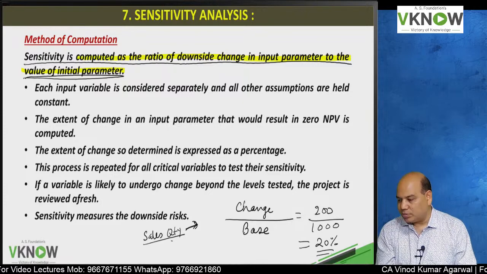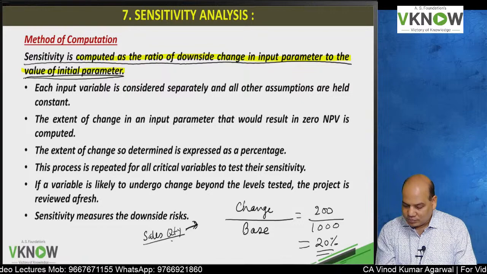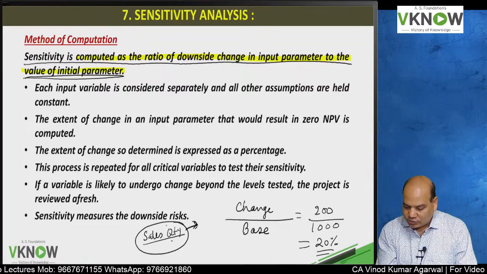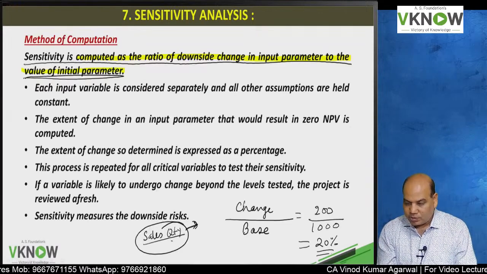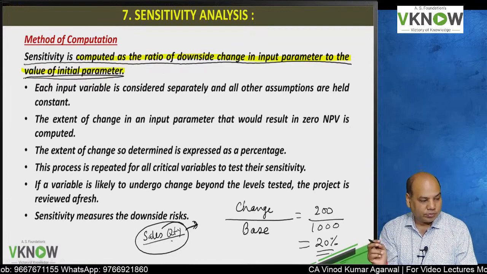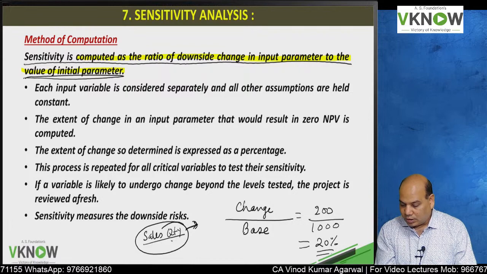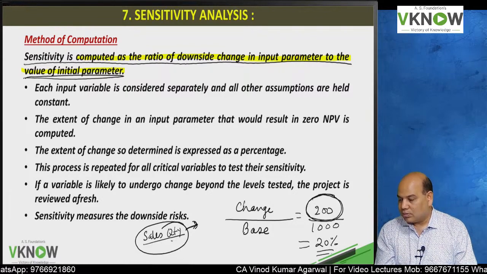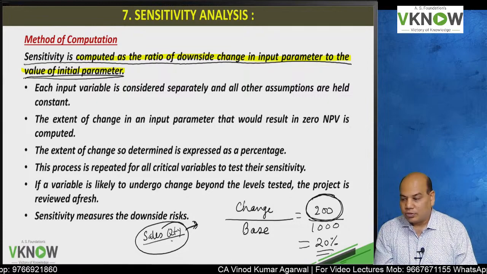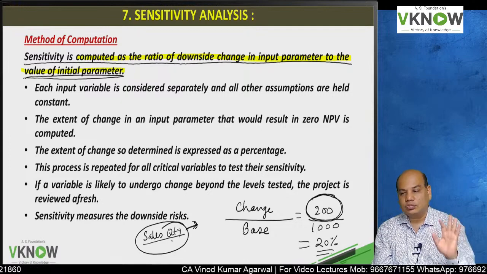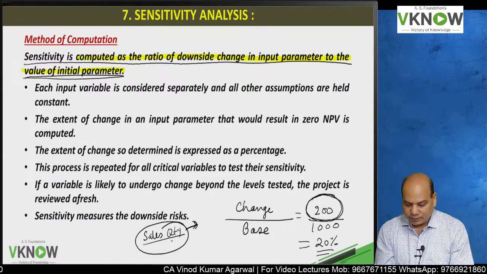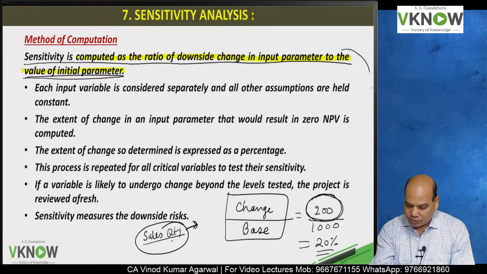So this will be 20%. If sales quantity changes by 20%, NPV will become 0. That means I can allow my sales quantity to fall by a maximum of 200. But if it is expected to go down beyond 200, then NPV will become negative. That is what you have to compute. That is the very simple meaning of this first line.